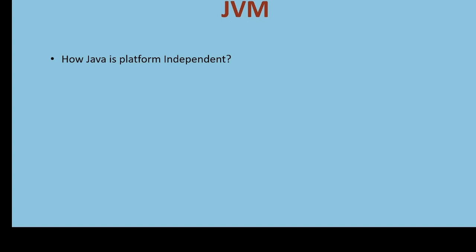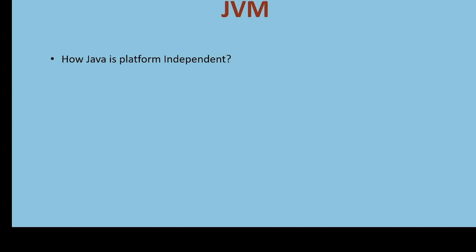JVM is platform dependent, and there is a specific JVM for Windows, another for Linux and so on. Each of these JVMs knows how to interpret and run the platform independent bytecode on its specific OS. So after we get a bytecode file, we can take that file to a Linux system or Mac OS, provided we have JVM installed on that system. JVM will interpret or compile this bytecode to run it natively on that system.